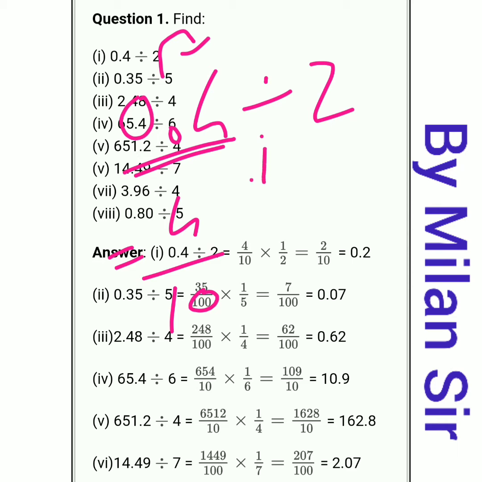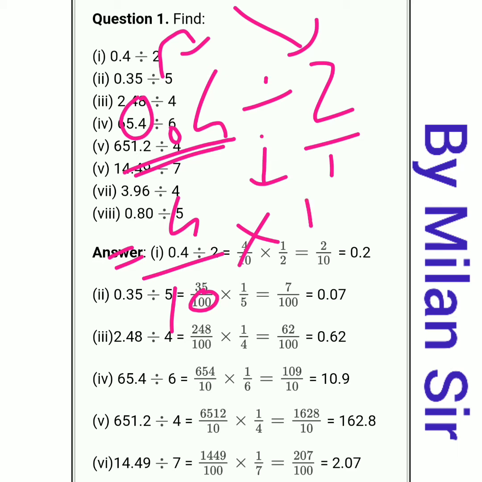Now we can convert this division into multiplication. For that, we need to take reciprocal of our second number. Here nothing is present in denominator, so we can write 1. Now reciprocal means what? We need to change the numerator and denominator.